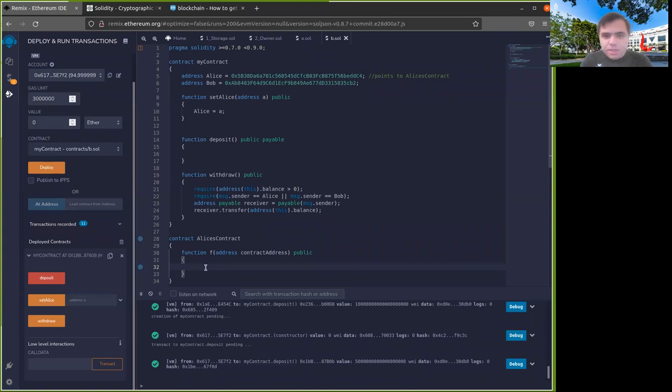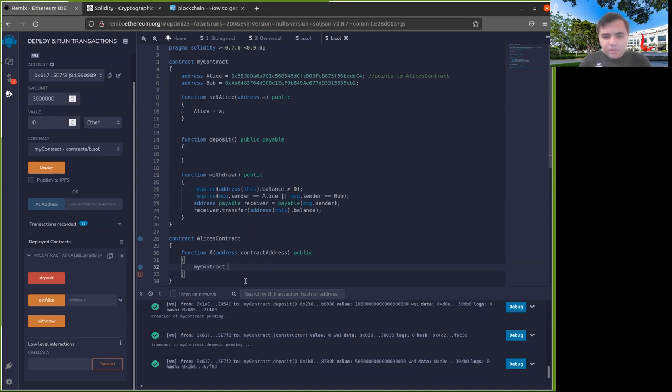Now, what can I do here? Well, I can use my contract as a type, because basically, as I said before, we think about these contracts kind of similarly to how we think about classes in the Java programming language.